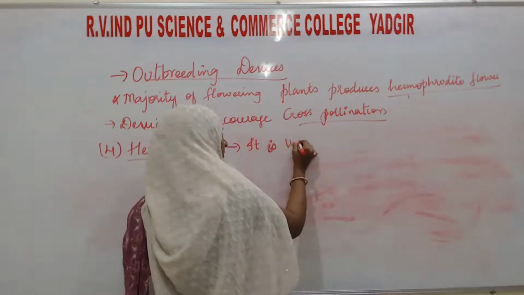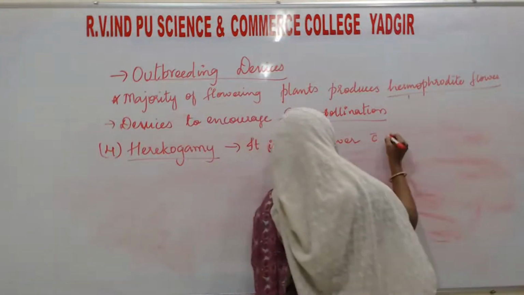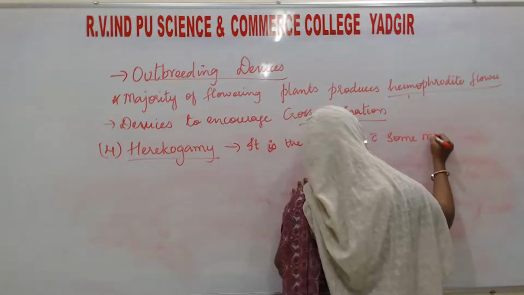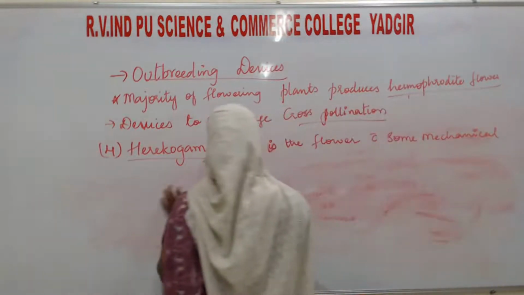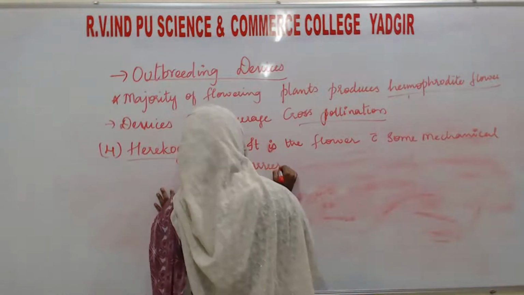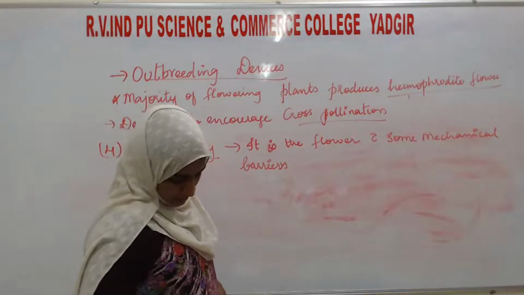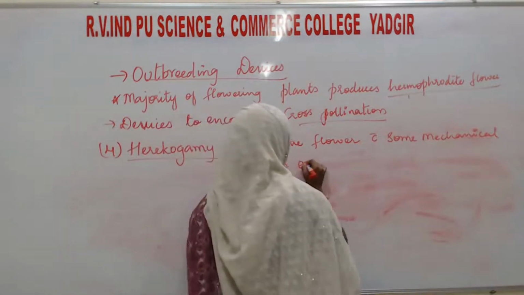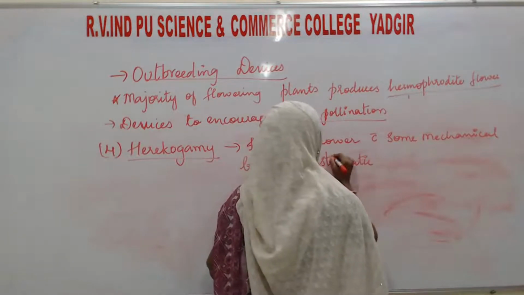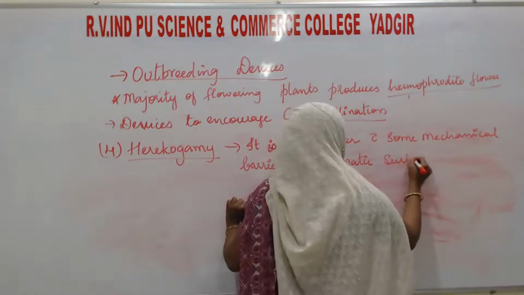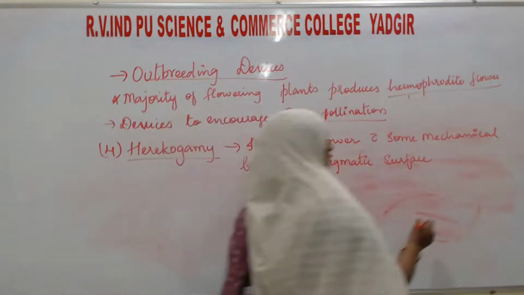It is a flower with some mechanical barriers on the stigmatic surface to avoid self-pollination.